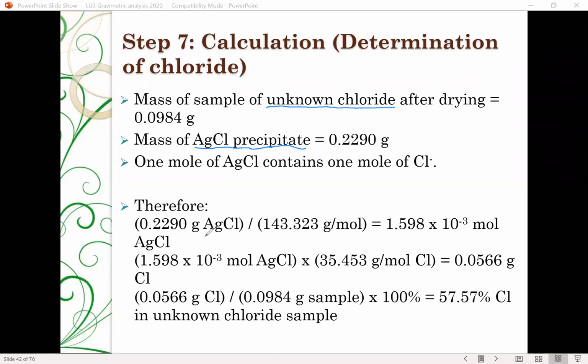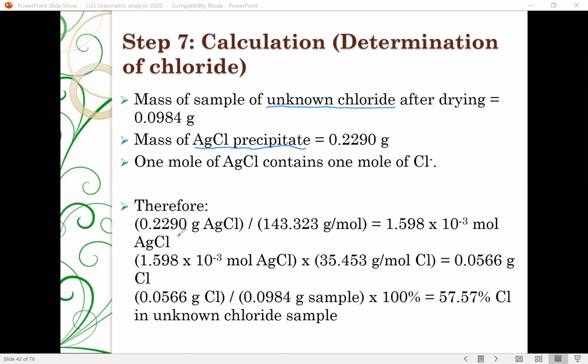The first step in knowing the percentage of chloride in our unknown chloride sample is to calculate how many moles we have for the AgCl precipitate, and then from there we can find the mass of Cl in the precipitate. Then when we already have the mass of the Cl, we can divide it by the mass of our sample to get the percentage of chloride in the unknown sample.